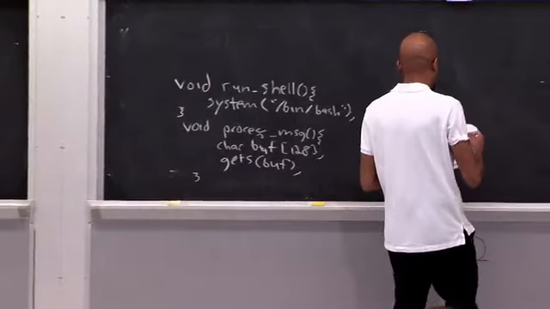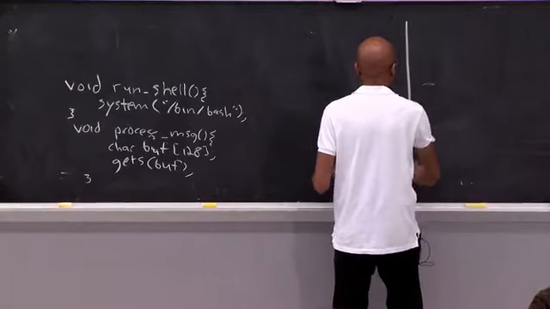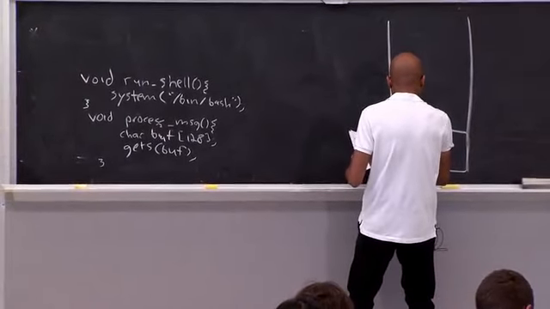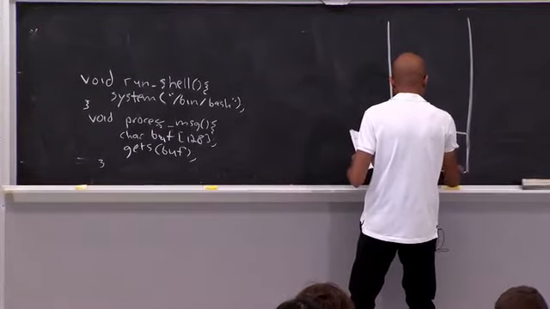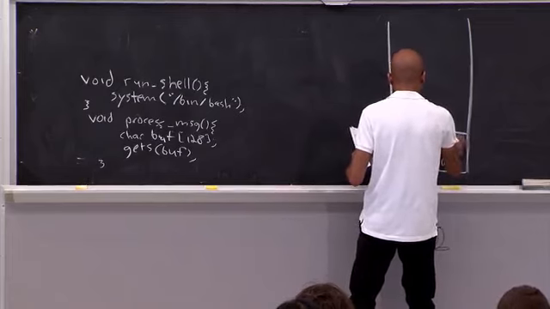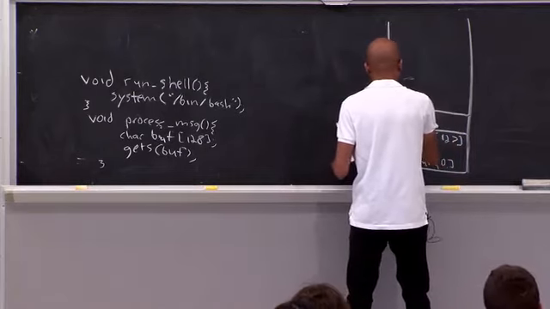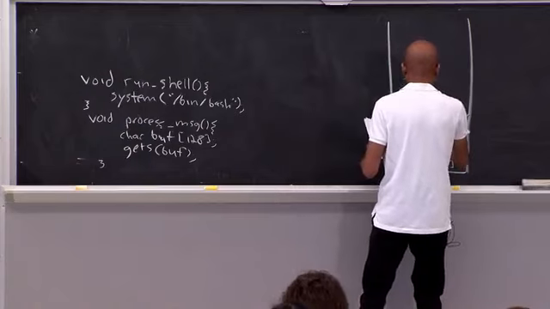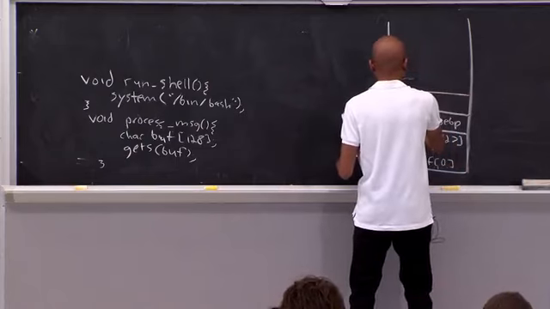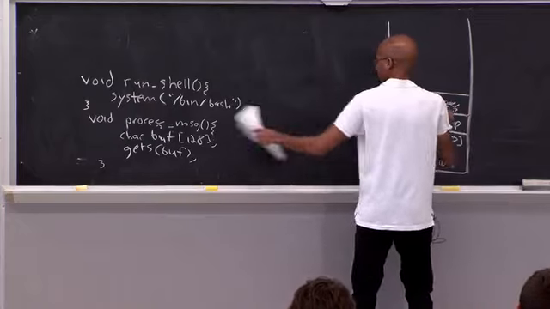So just to make that clear, let's draw that over here. We have a setup that looks something like this. At the bottom, we have the buffer that's being overflowed. And then up here, we have the saved base pointer. Up here, we have the return address for process message.